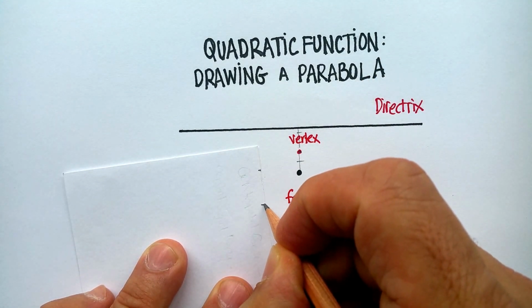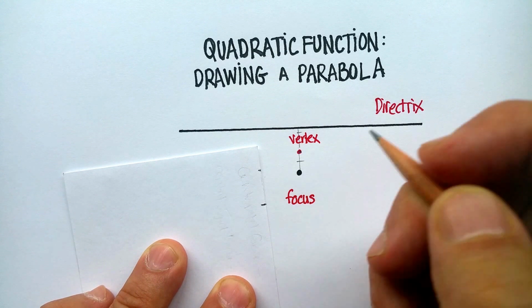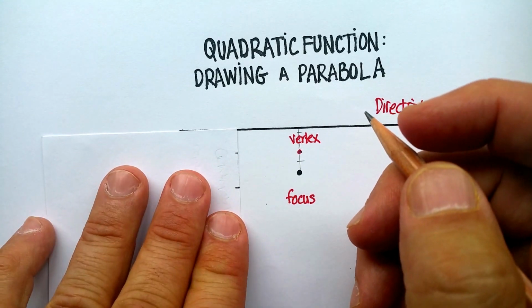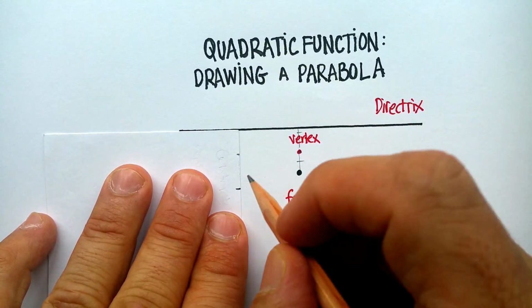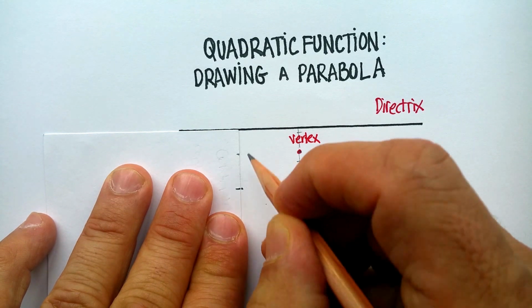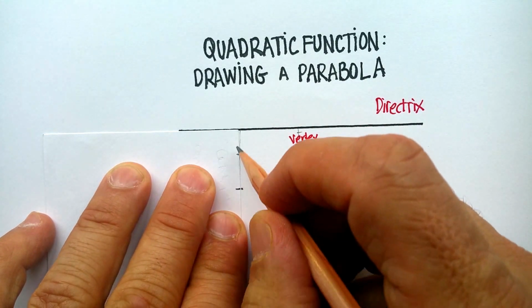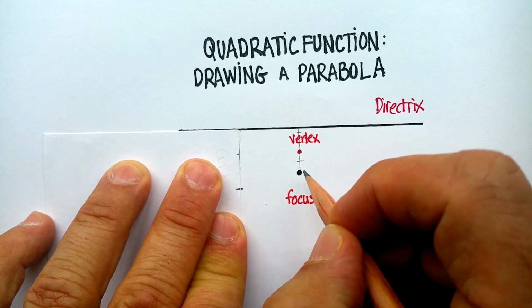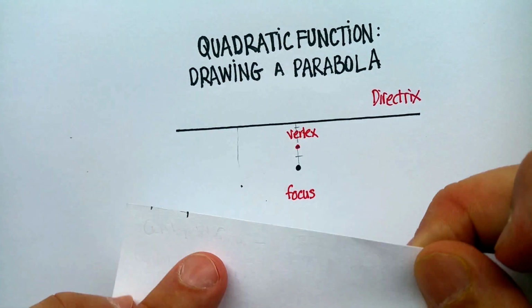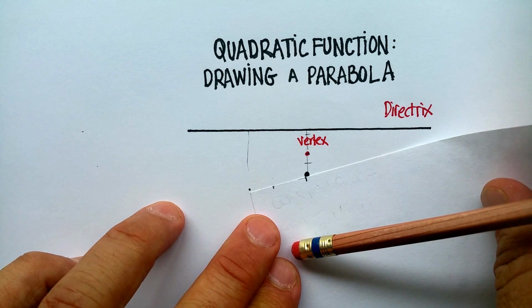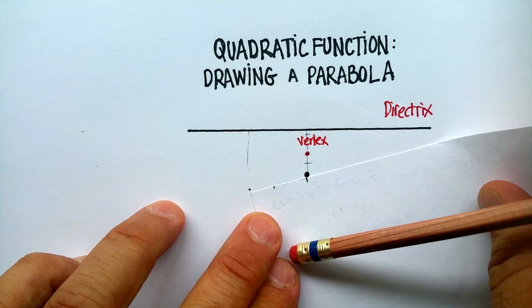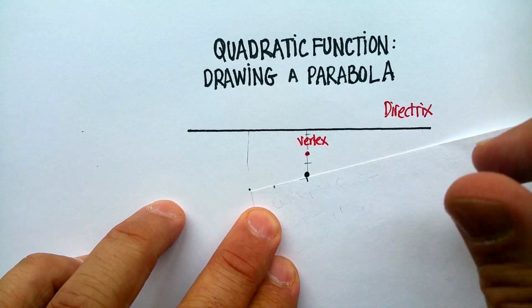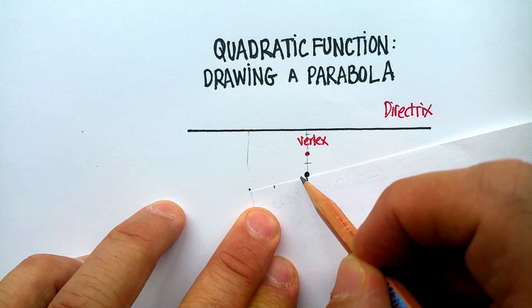Let's just do that part right there, okay? I'm just going to arbitrarily choose that point, and it's that distance away from the directrix. Now I also want that point to be the exact same distance, so let me just pivot over here from the focus, and sure enough I got lucky and I picked a point that was exactly the same distance.